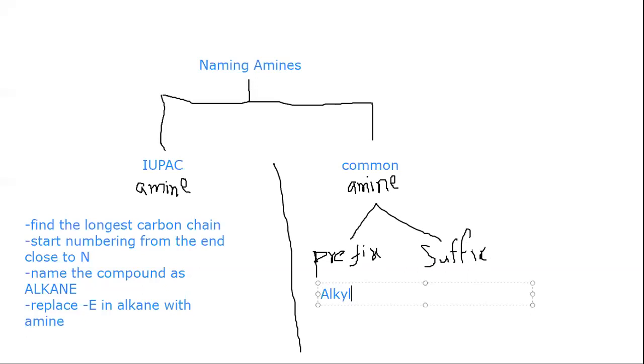The carbon chain can be named as alkyl. Your suffix is going to be amine. So you have a prefix and a suffix, and the common name is named as alkyl amine.